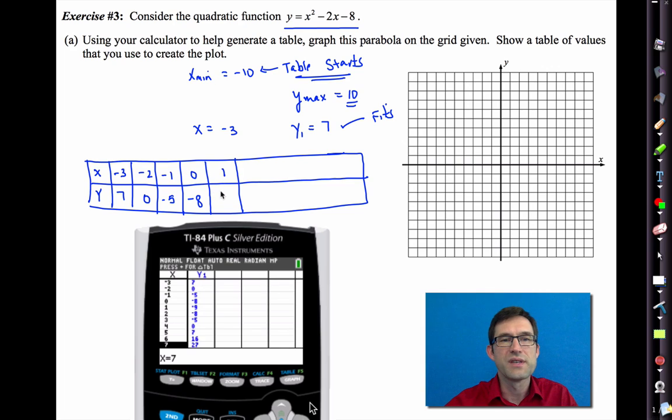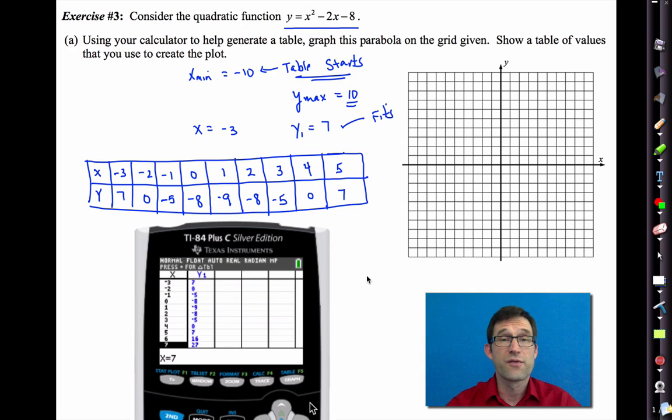At 1, we see that the y is negative 9. At 2, the y is negative 8. At 3, the y is negative 5. At 4, the y is 0. And at 5, the y is 7.